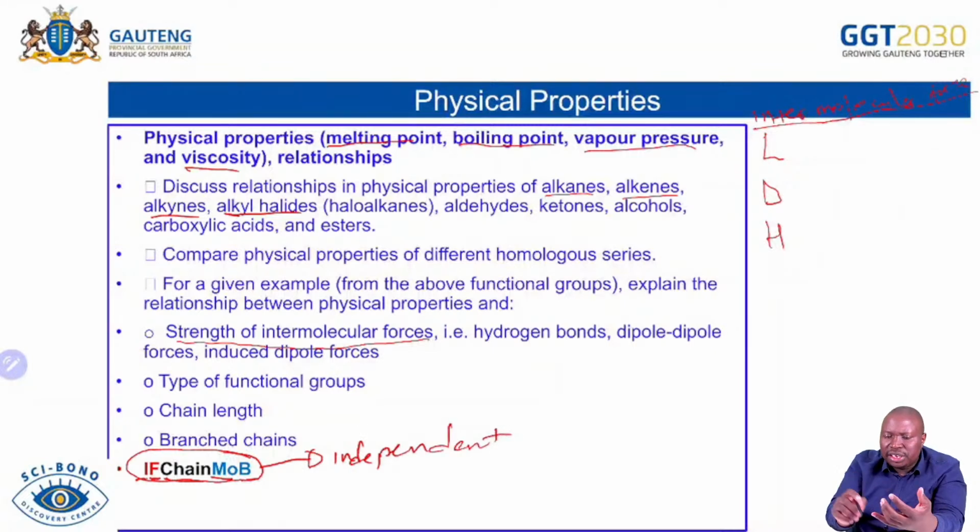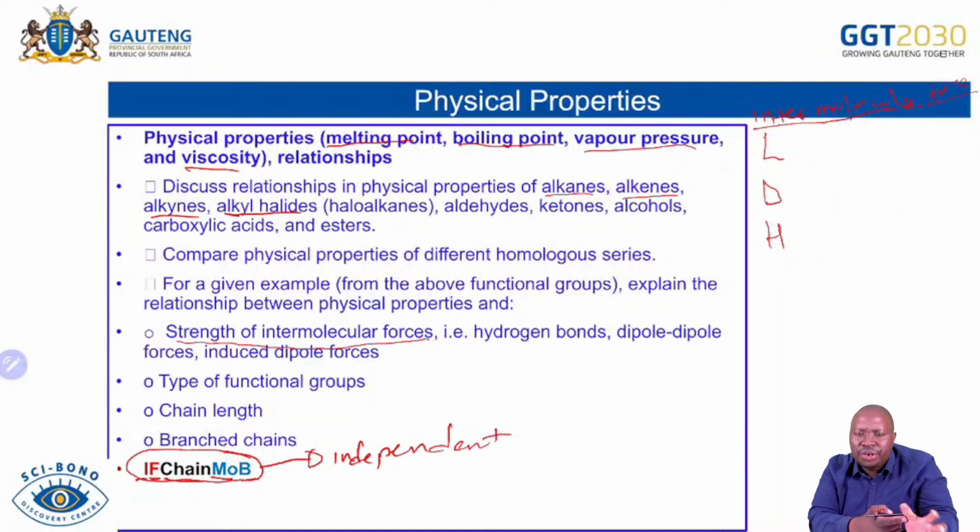We will either change the branch, increase the number of branches, increase the molecular mass, increase the chain length, or have a different functional group, which will mean that we will have different intermolecular forces. So it's very important that you know what we change, which I've indicated there as "if chain mob", so that you are able to remember.